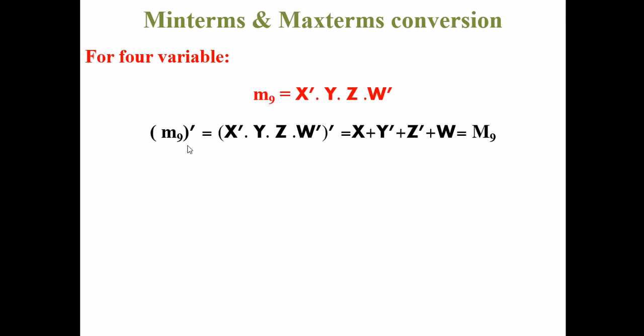Now you just need to apply De Morgan's law here, place complement here, and x complement is replaced with x, dot will be replaced with plus, y will be replaced with y complement, again dot will be replaced with plus, z will be replaced with z complement, and again this dot will be replaced with plus, and w complement will be replaced with w. And now if you look at your table, you will get m9.